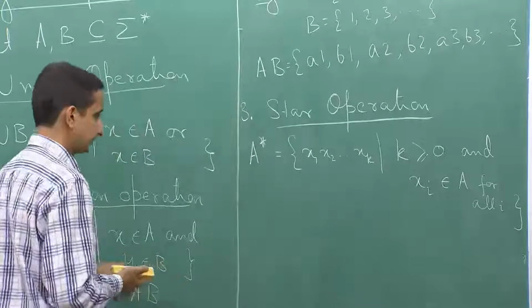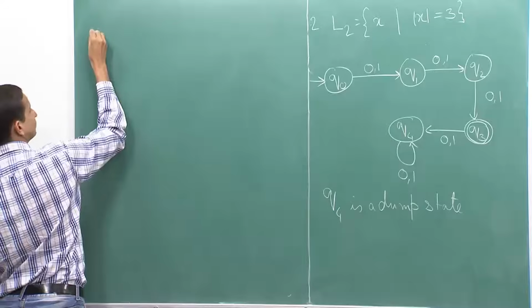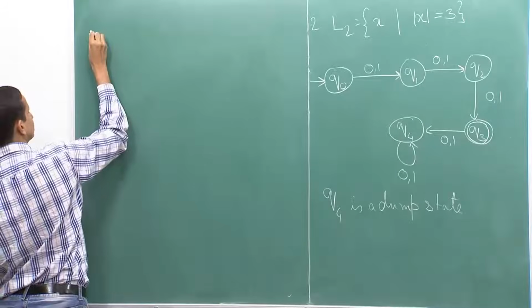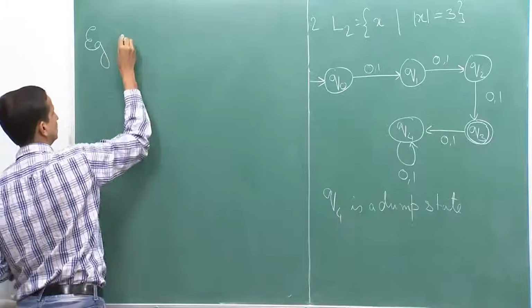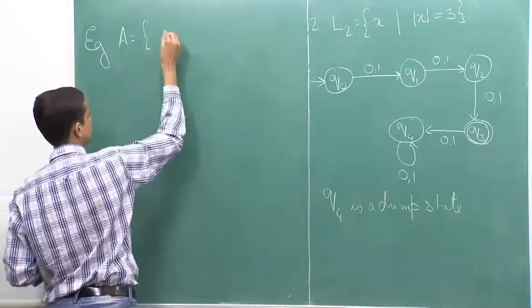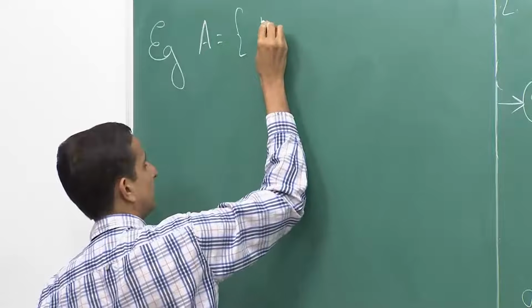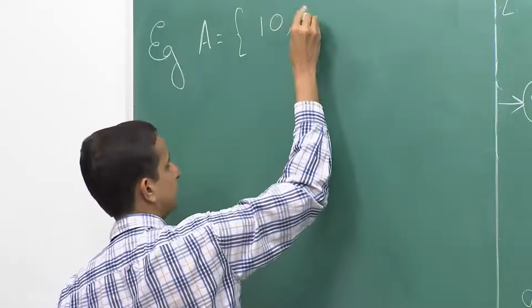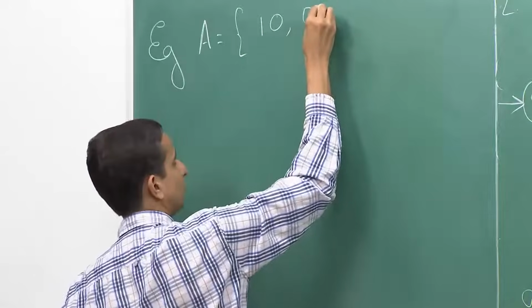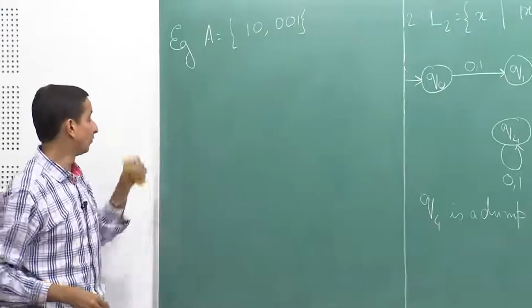So, let us look at an example. Let A be the language which consists of the strings 10 and let us say 001. Okay. So, then what is A star?